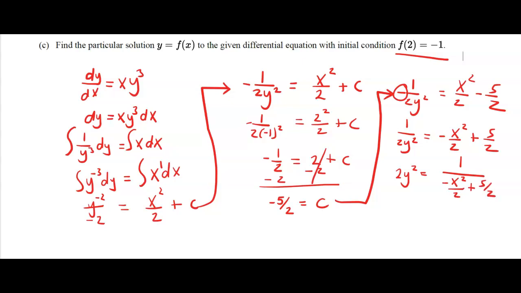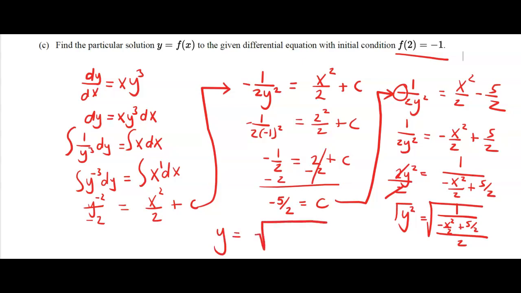Next, I'm going to divide both sides by 2. And then I'm going to take the square root on both sides. And we end up with y equals the square root of this big old nasty looking thing.